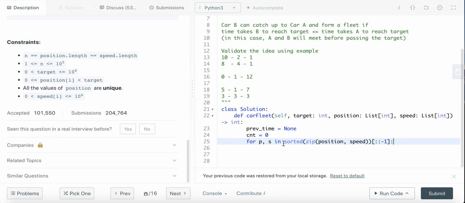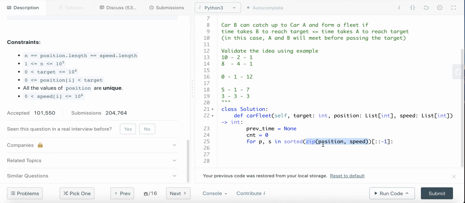So what does this line mean? Zip is a way to combine the two lists into tuples, and it's a very Pythonic way. It's actually very fast, so that's why we prefer zip. Basically, they convert these two lists into a list of tuples, a pair of position and speed, and then we sort them, based on position and then speed.